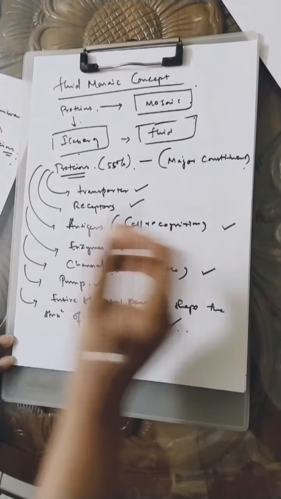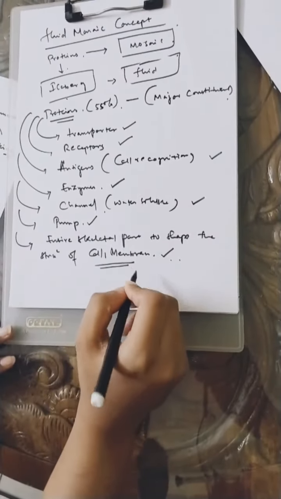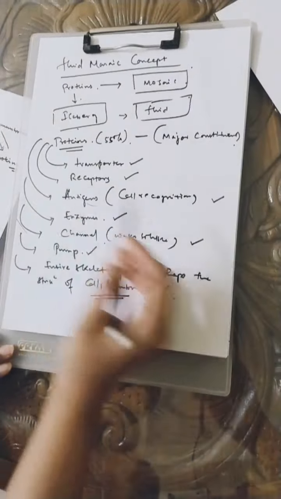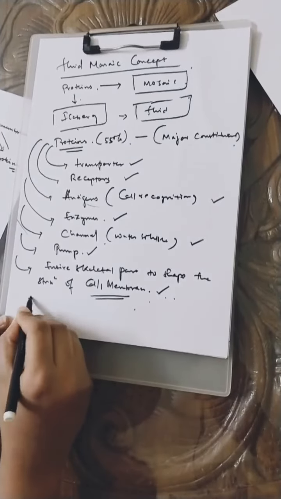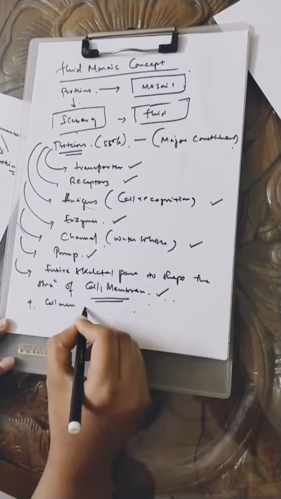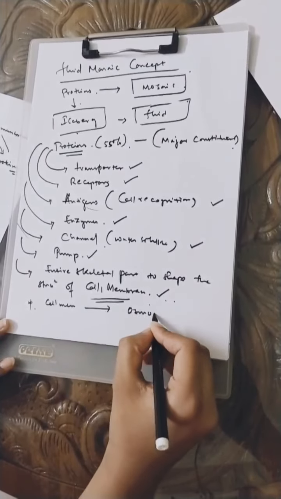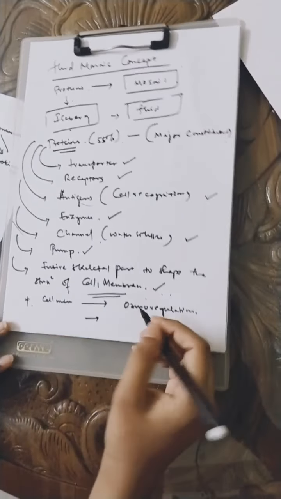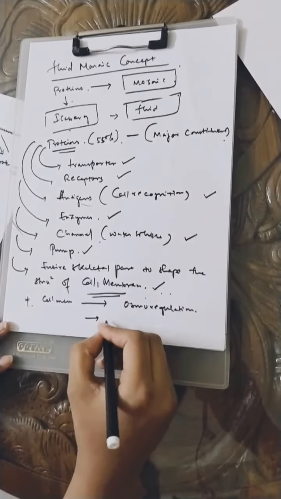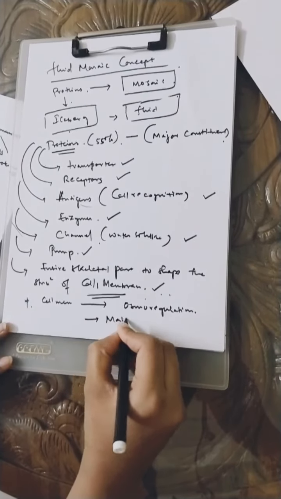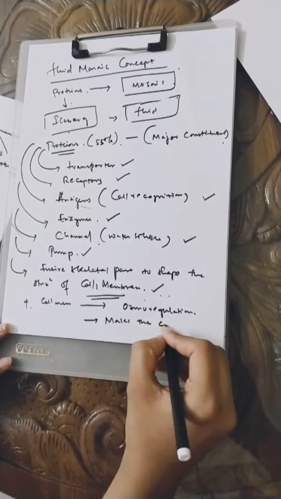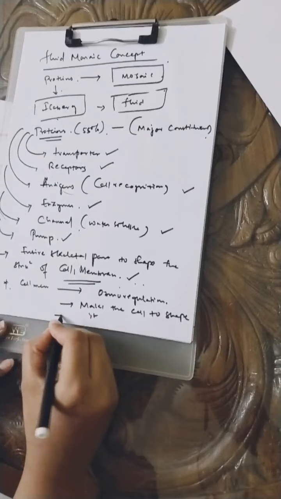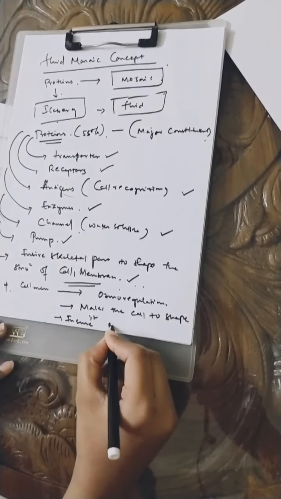When we come to the cell membrane, it also holds functions similar to the functions of proteins. Its main functions are that it takes part in osmoregulation, and it also shapes the cell and ensures mechanical support.